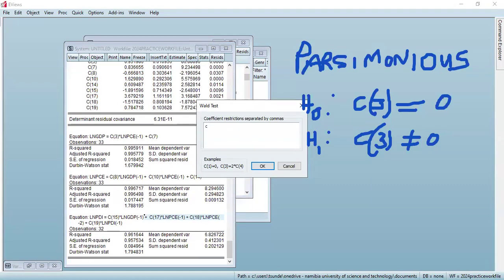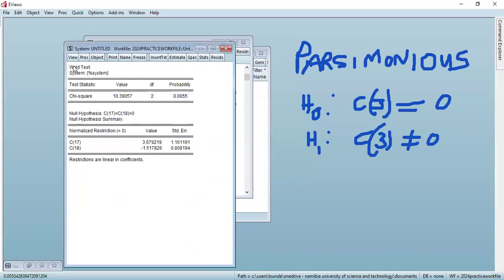Then you go to C17. C17 is equal to 0, C18 is equal to 0. You test that, and this is what you get. This is telling us that PCE Granger causes PDI at 1% level of significance. So this is how you do your Granger causality test.